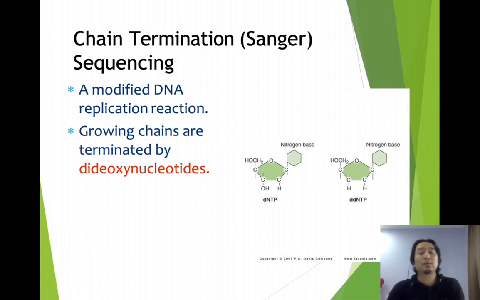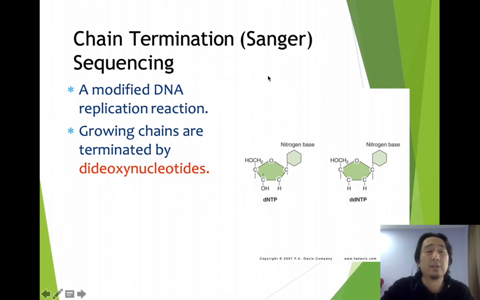Okay, next let's go to the second method, which is chain termination, proposed by Frederick Sanger, Sanger sequencing. So chain termination by Sanger actually is almost the same as the principle of DNA replication that I told you just now.